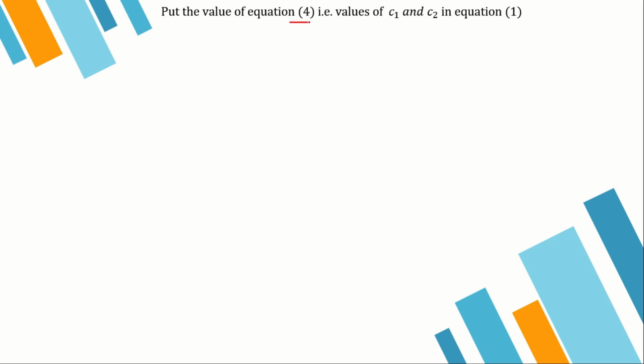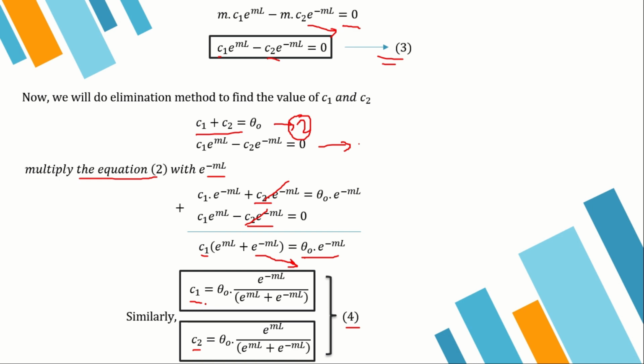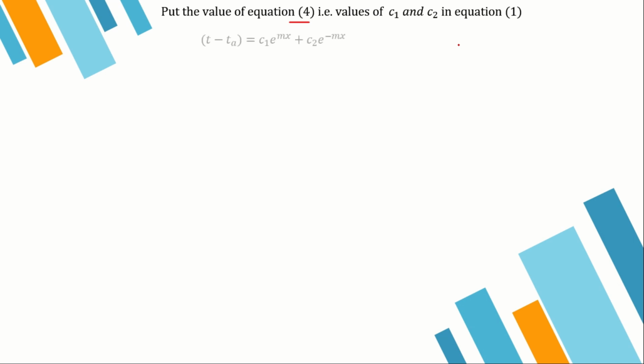Now we will put the values of c1 and c2 from equation 4 in equation number 1, that is T minus T0, which is θ, is equal to c1 e^(mx) plus c2 e^(-mx). We let this equation be equation 1.